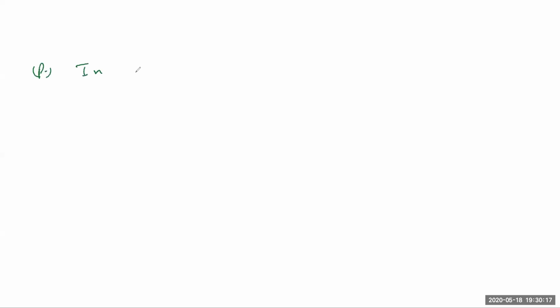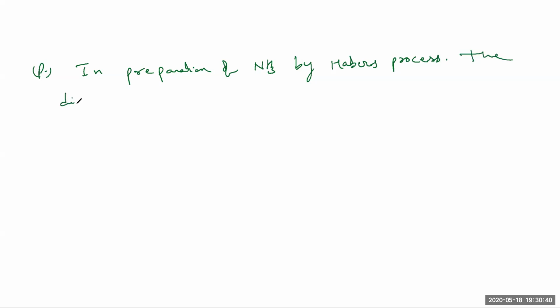In preparation of NH3, ammonia, by Haber's process, the disappearance of hydrogen is, what are the units?